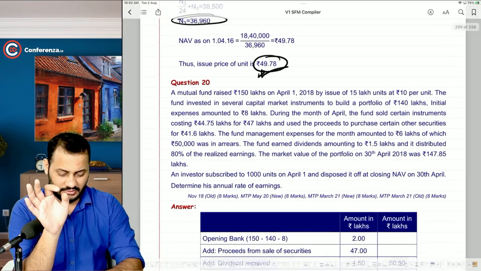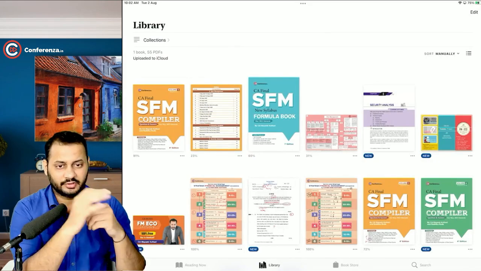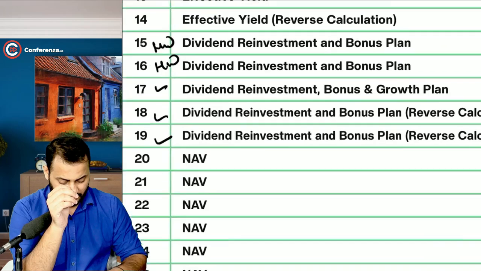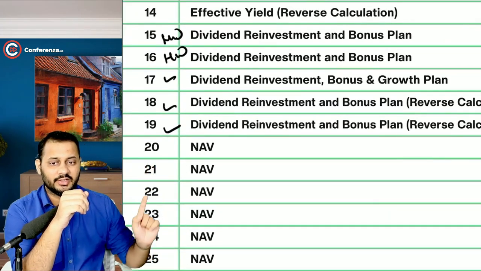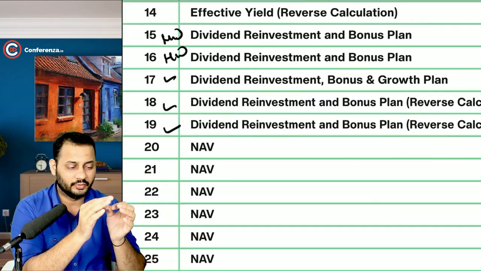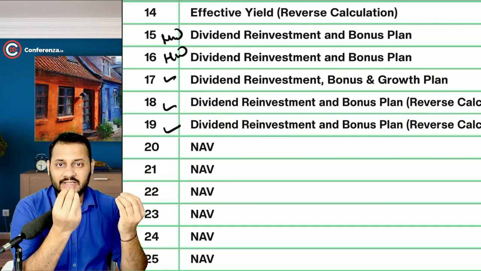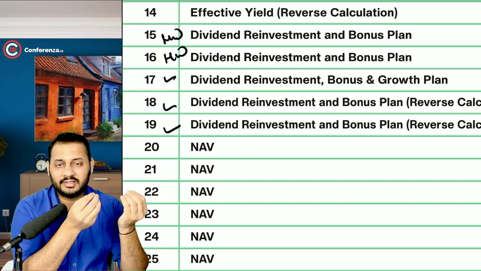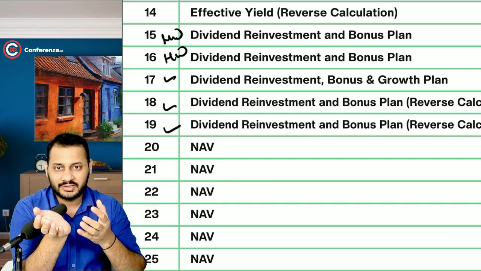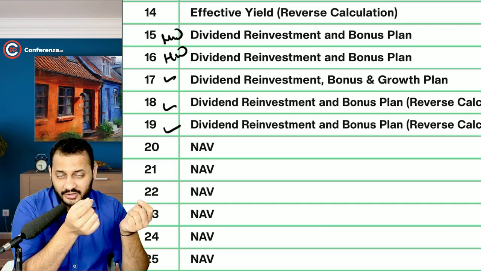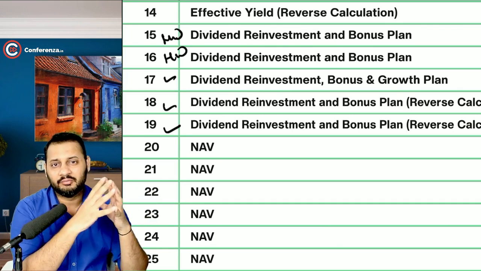Now just a second before starting the question, sorry to interrupt. From question number 20 onwards, we are going to take the questions on the net asset value. Net asset value is nothing but the total assets minus total liabilities, at market values, divided by the number of units.